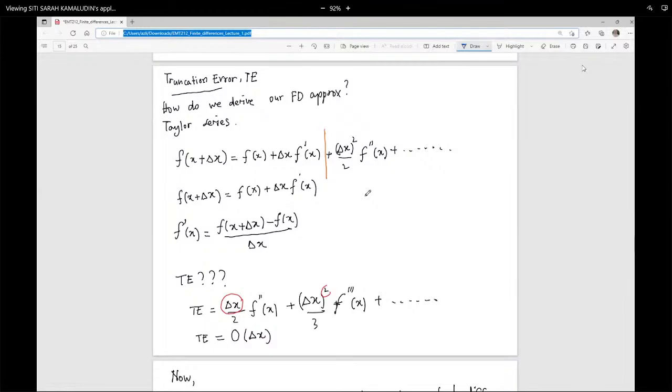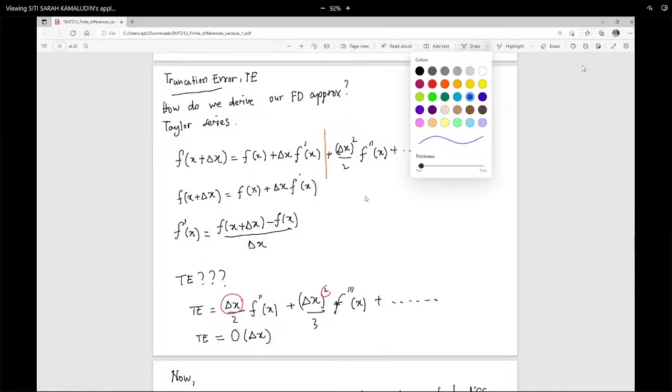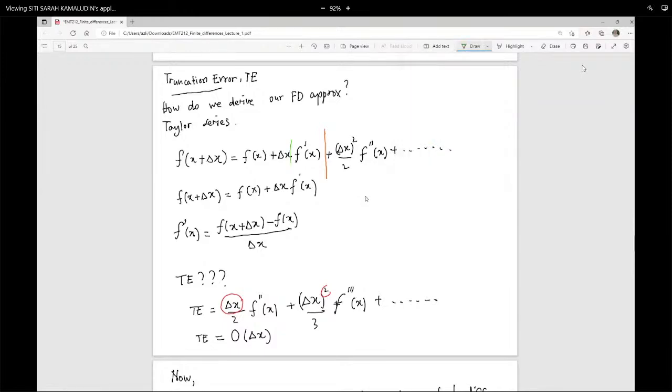Okay, truncation error is that when we derive our finite difference approximations using the Taylor series, since we only want the approximation for the first derivative of f(x), for this term only, we truncate, meaning we take away the rest of the equation.